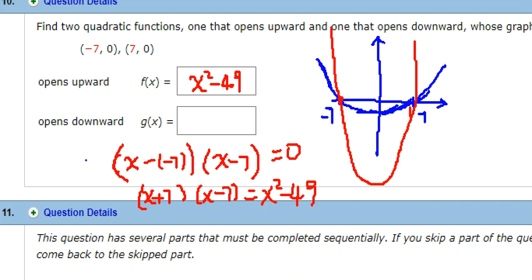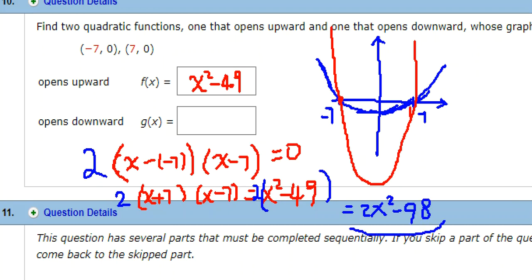You just say, how about I multiply this guy by 2? Isn't it that they still have the same solutions? One is 7, one is negative 7. So I'm gonna multiply this by 2, and you get 2x squared minus 98. So this is another possible solution.